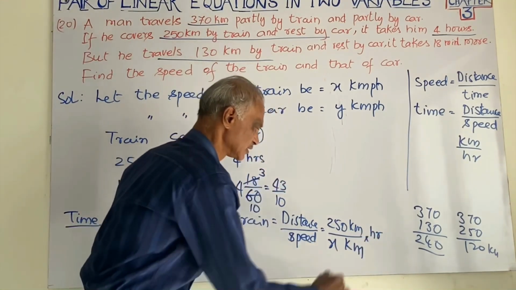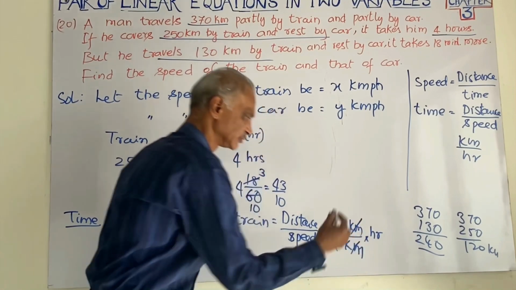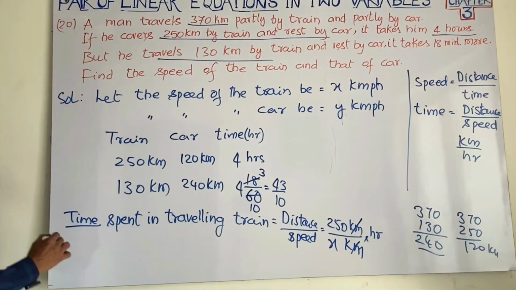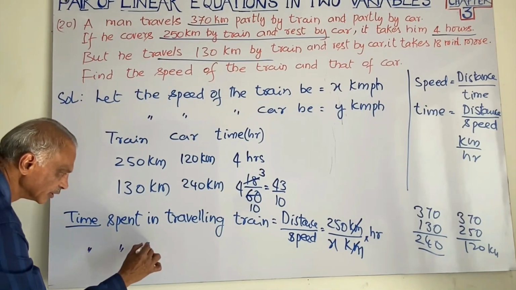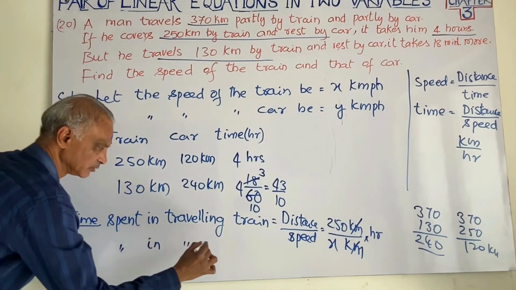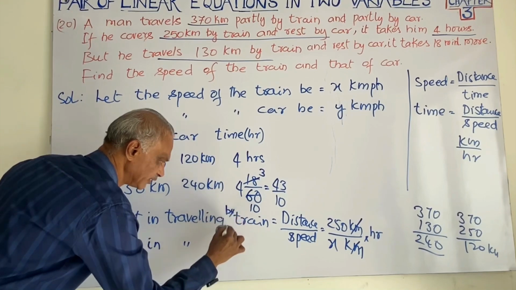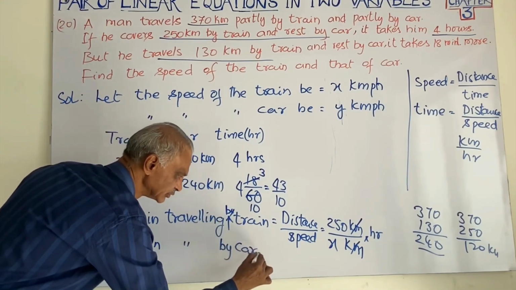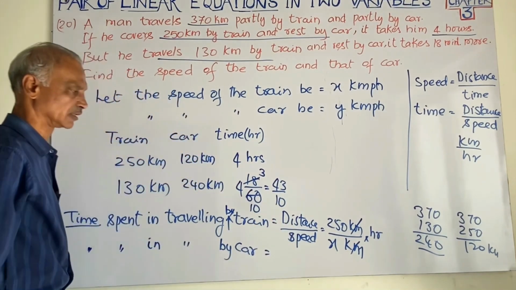You will get 250 by x hours. Next, time spent in traveling by car.